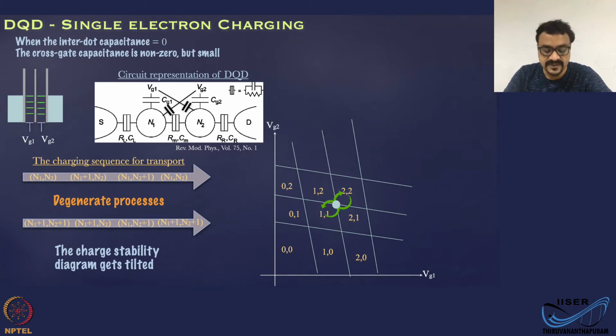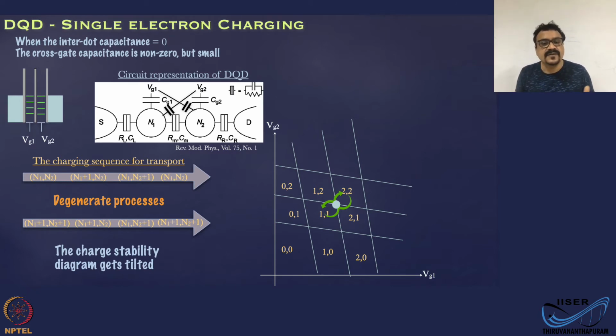Okay. So what that means is the charge degeneracy point of this dot also will get shifted when you vary this gate, and vice versa. So again, the charge cycle is the same: N1, N2, then N1 plus 1, N2, then N1, N2 plus 1, N1, N2 for this, and N1 plus 1, N2 plus 1, N1 plus 1, N2, then N1, N2 plus 1, and N1 plus 1, N2 plus 1.